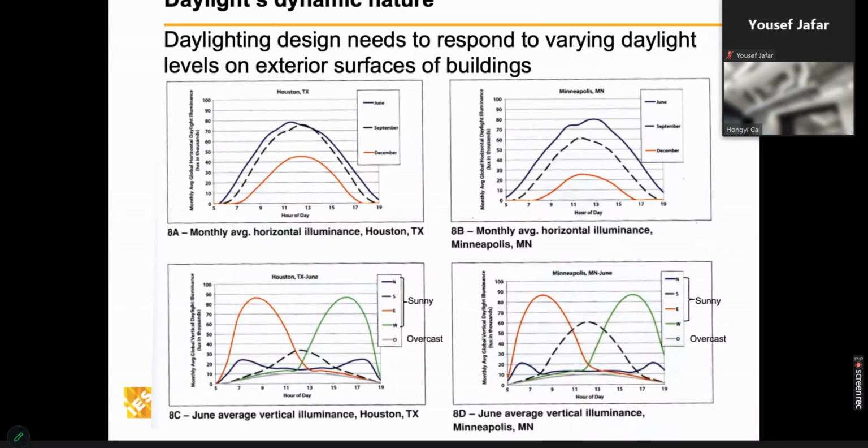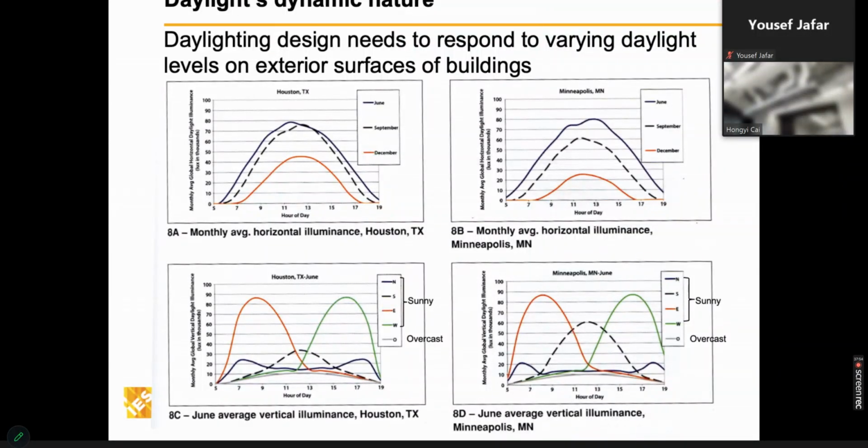And this chart is actually talking about the vertical illuminance on the window. Then if you look at the trend, you see they have different orientations of windows. This blue line is facing north, the dashed line is the window facing south, the red line is the window facing east, the green line is the window facing west, and the gray line is the overcast sky.